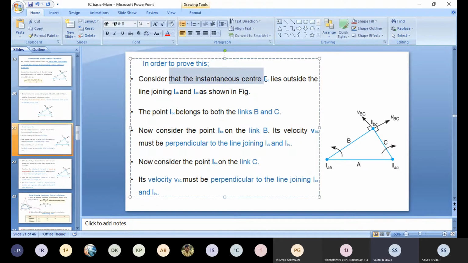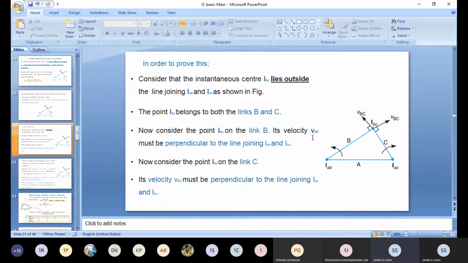Consider that the IC center IBC lies outside the line joining IAB and IAC. The point IBC belongs to both links B and C.